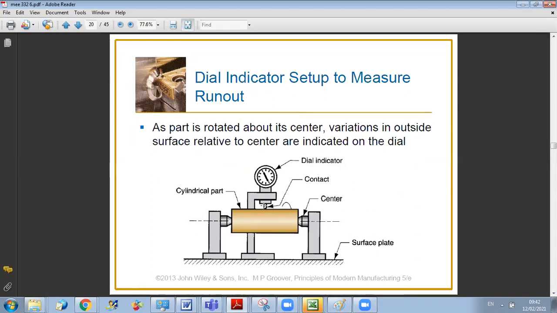In this setup, the contact point will move over the cylinder, okay? And if you have any deviation from the required radius, it will cause a certain fluctuation in your dial, and it will give you the fluctuation from the desired radius, okay? So in this way, you can determine the tolerances of your manufacturing process.